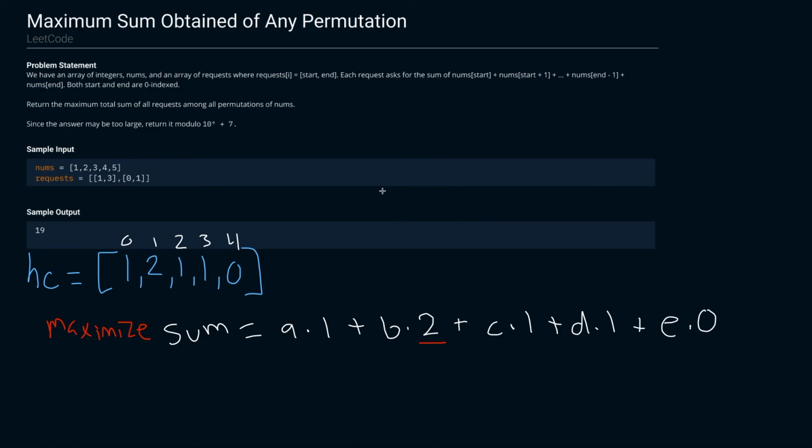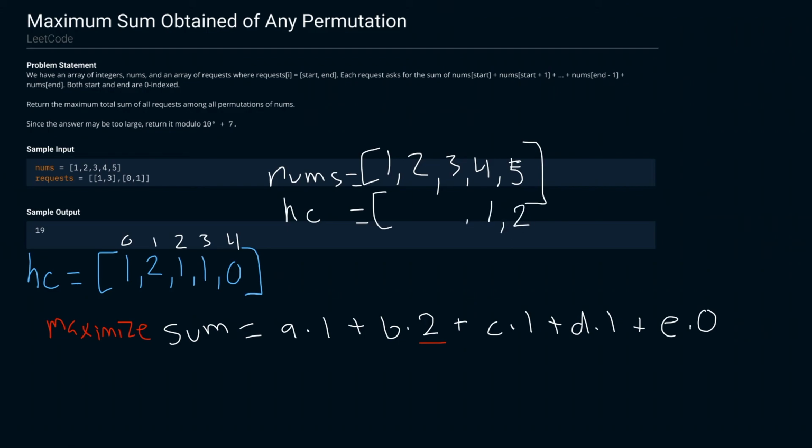So what that looks like is if we sort nums, well, nums is actually already sorted, but I'll write it out here so we can see what our final solution would be. So this is nums. I'll rewrite hit counter over here so they line up. So hit counter is going to be sorted. So we say 2, 1, 1, 1, 0.